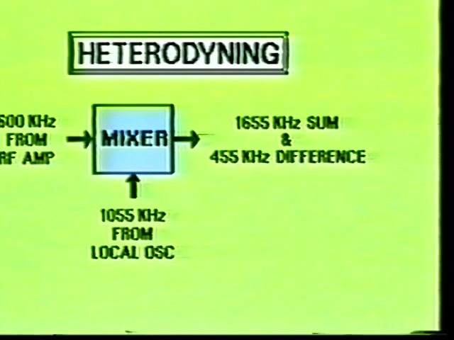At this point, we will examine what happens to the RF signal when it reaches the super heterodyne receiver. First, the weak incoming RF signal is amplified by the first stage of the circuit, which, as you can see, is the radio frequency amplifier.